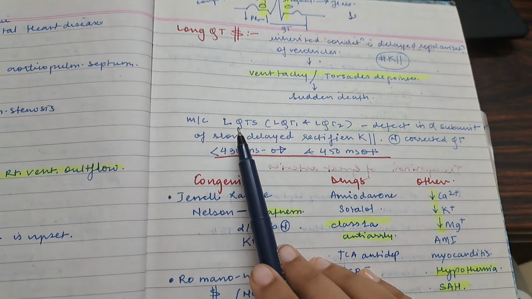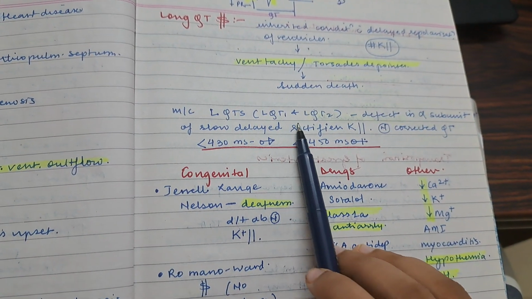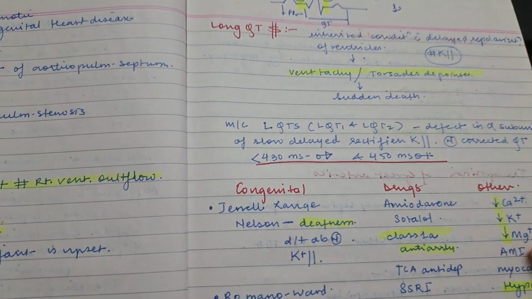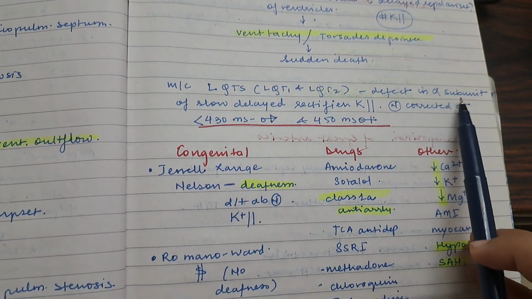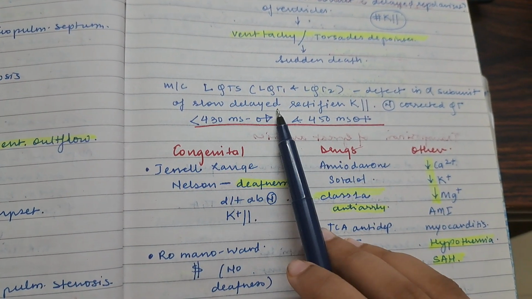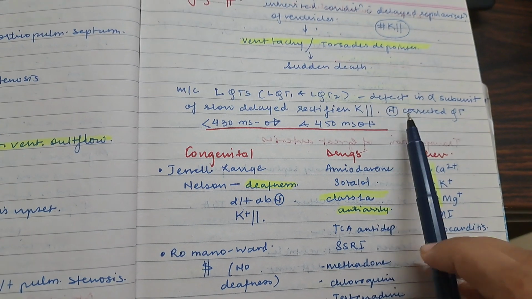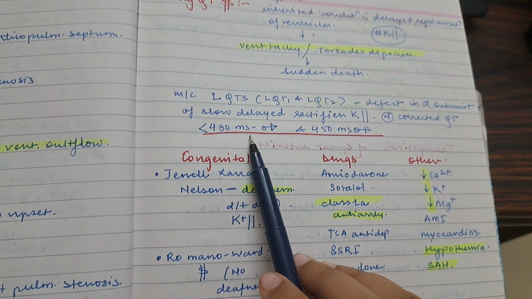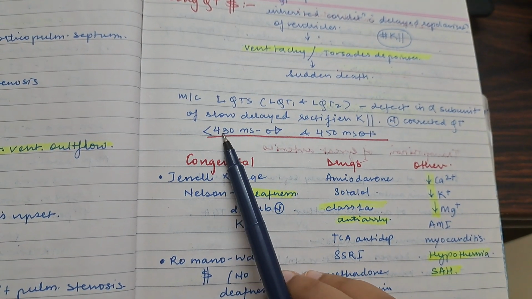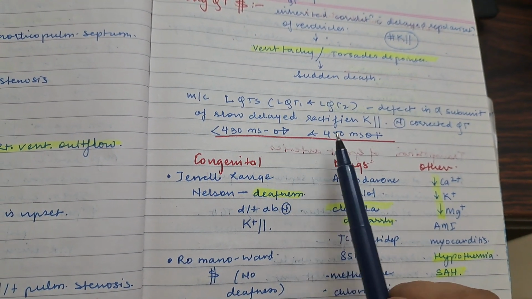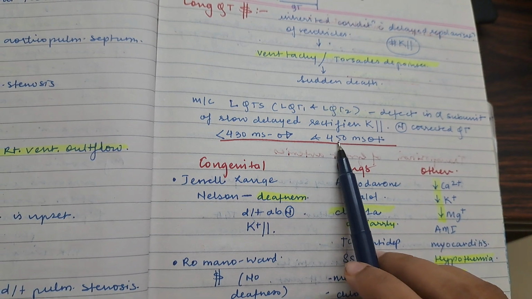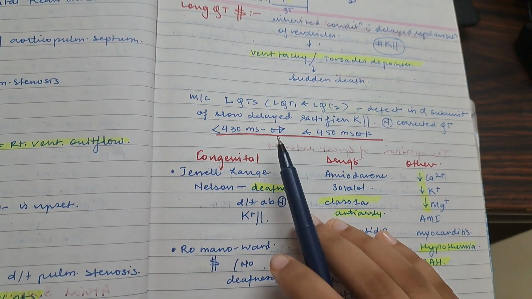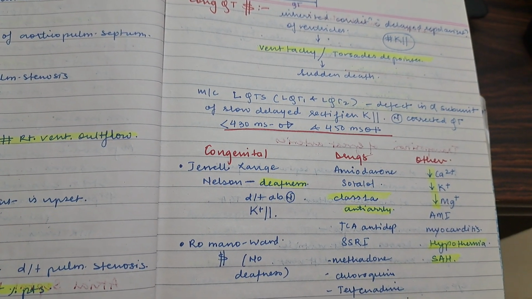Now, the most common causes of LQTS are LQT1 and LQT2, and this is the defect in the alpha subunit of slow delayed rectifier potassium channels. A corrected QT of more than 430 in males and more than 450 in females is called long QT syndrome.